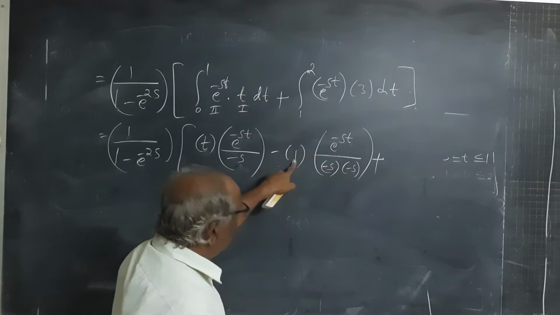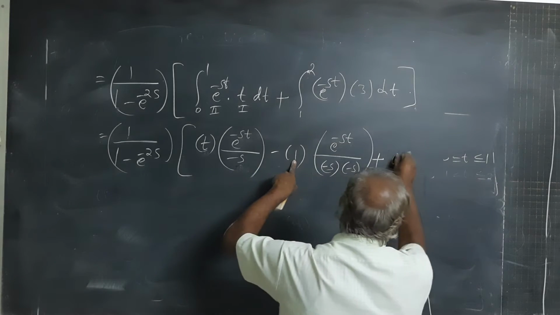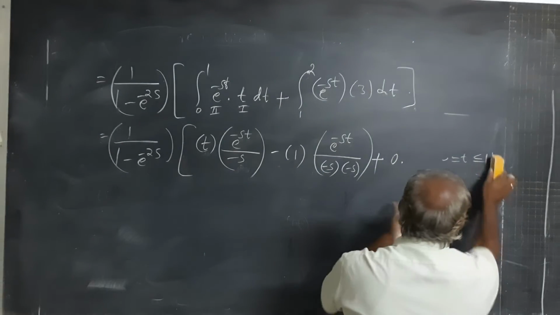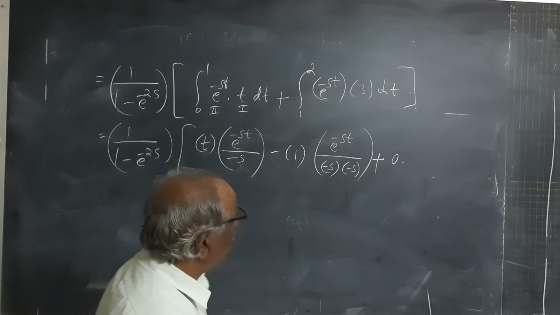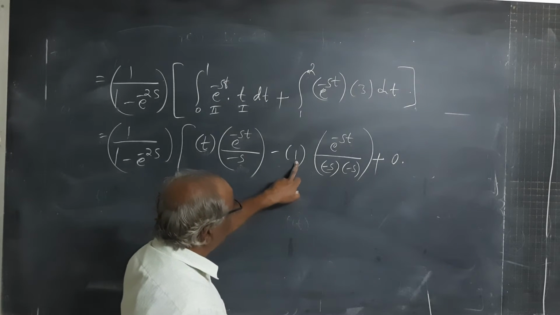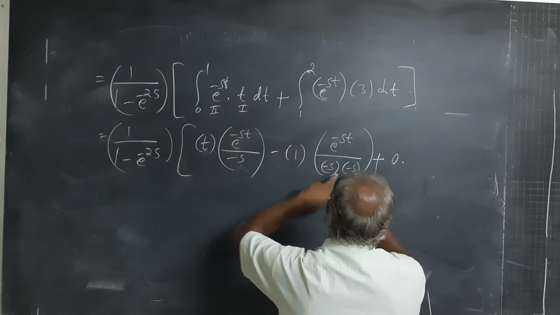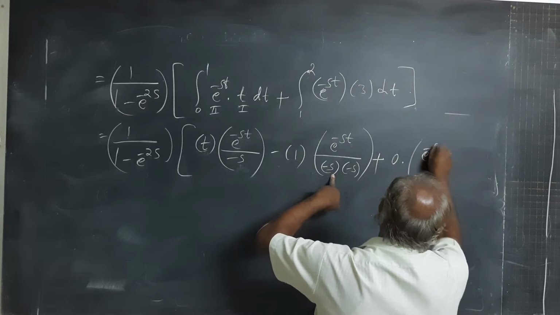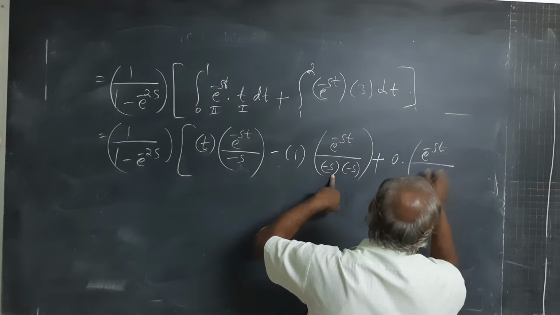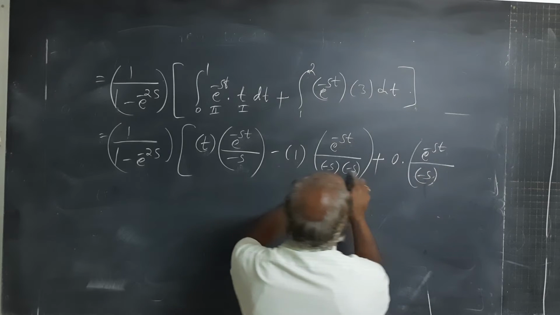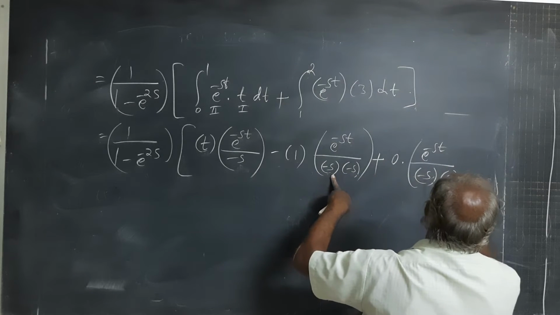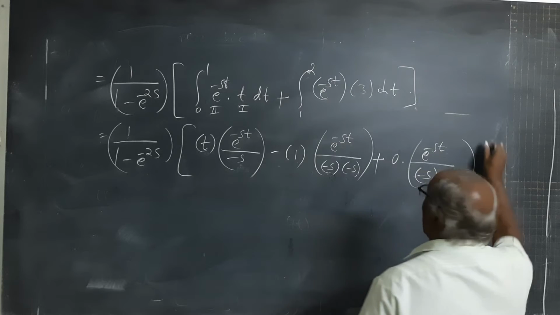Plus, differentiate the first bracket, 1, 0. Right? That is enough. But still for the sake of procedure I am continuing. Always you are differentiating the first bracket. Differentiation of 1 is 0. Integrate the second bracket, e to the power minus st divided by number behind t, minus s, 2 minus s here, write down, it is plus s. So this is what I am having.